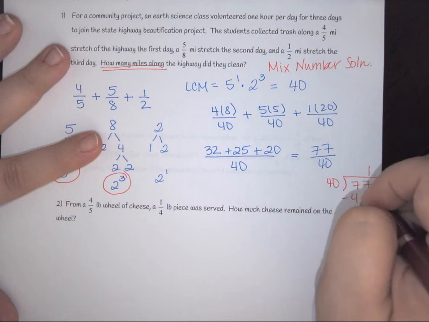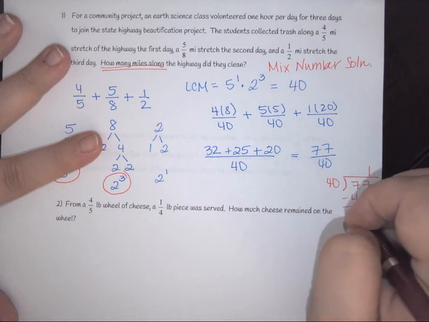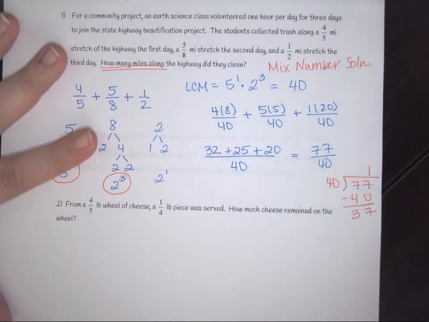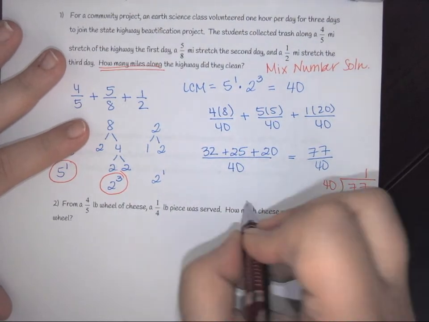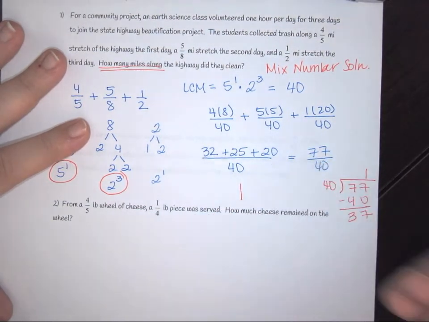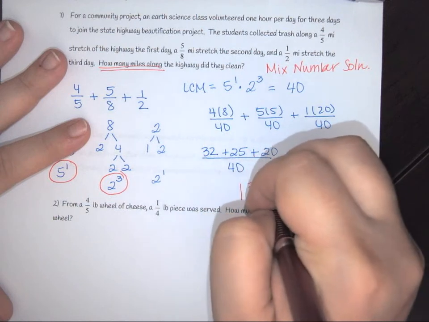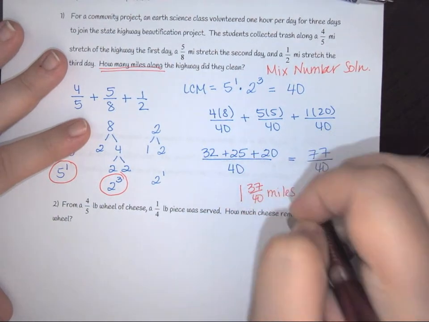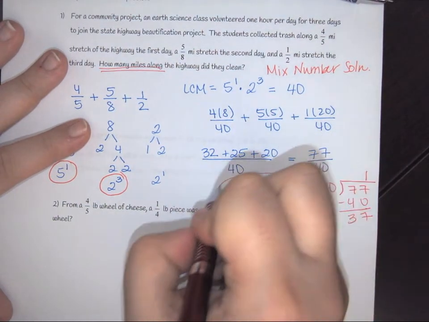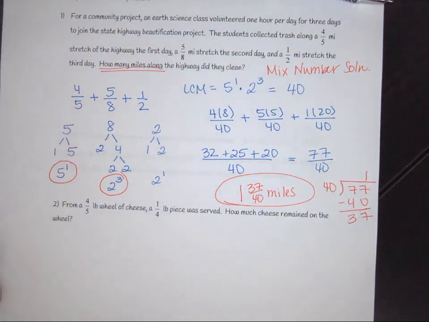When we subtract our 40 away, we end up with 37. So that means my mixed number is going to be 1 and 37 over 40 miles. And this is my solution.